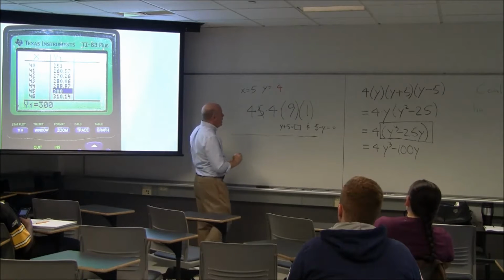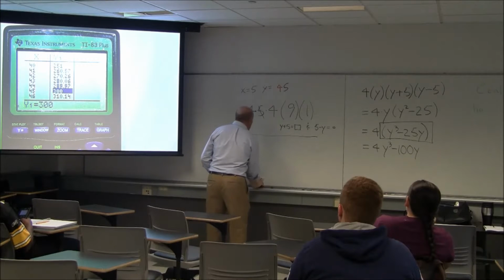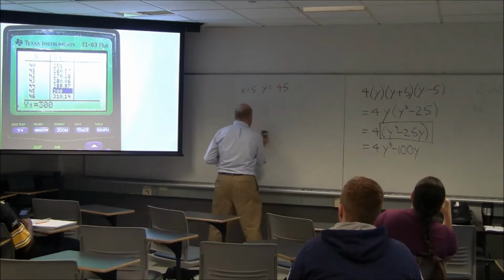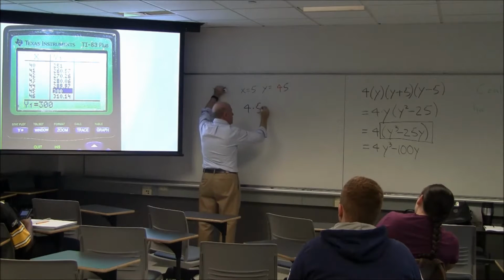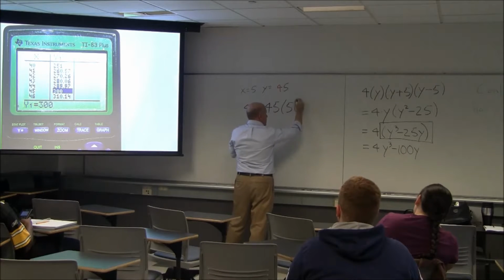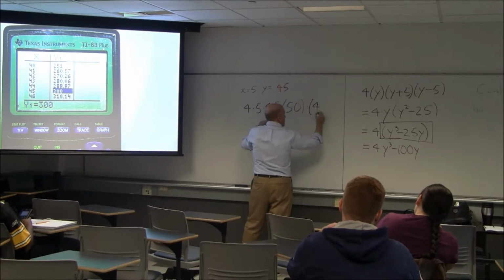All right, so y is 45. Let me just make the change like that. X is 5. So it's 4 times 5 times 45 times 50. That's the sum, times the difference of 40.